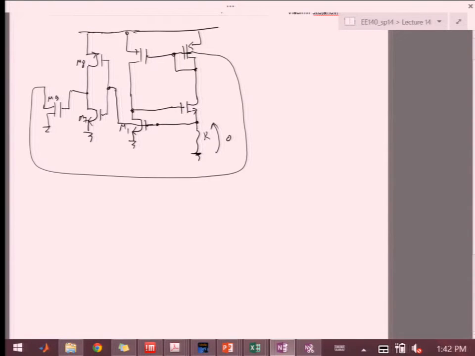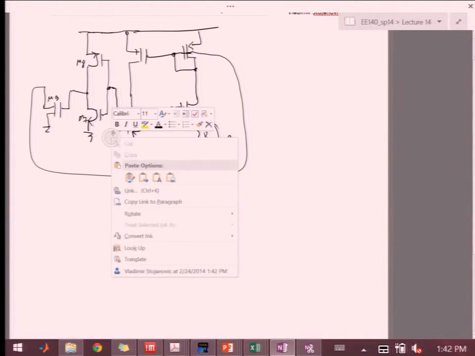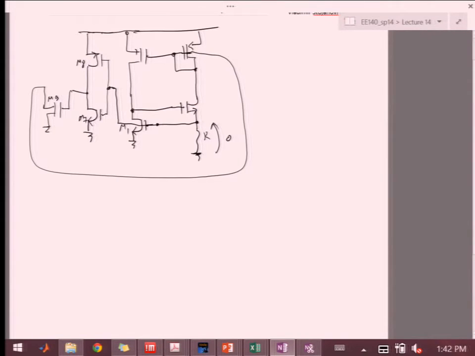That pulls this input low. If the input is low, then this transistor will be off. And M8, with its gate low, will pull up this node all the way high to VDD. That will turn M9 on. So M9 will pull this voltage down.